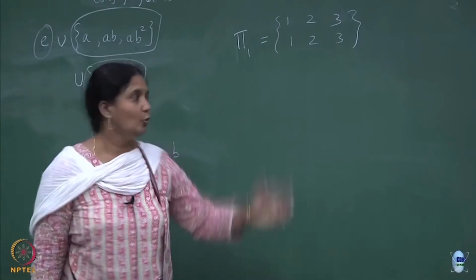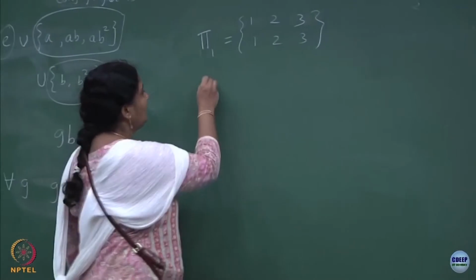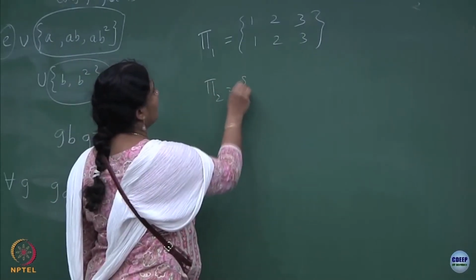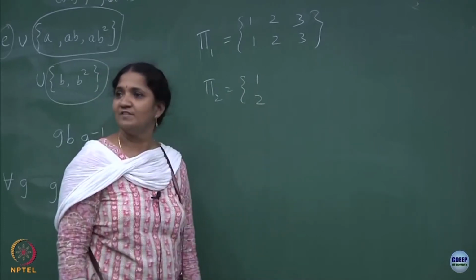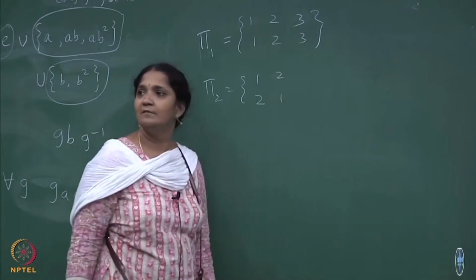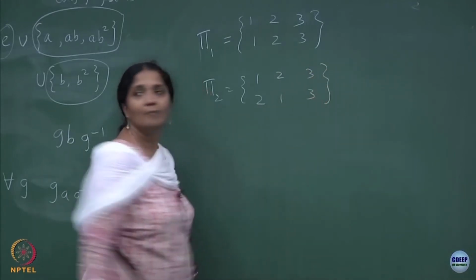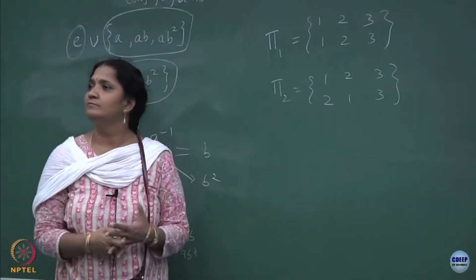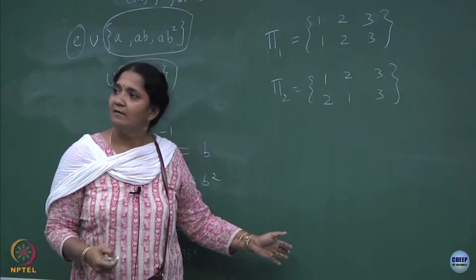No change, no permutation. The second one could be: 1 changes to the second position, the second one goes to the first position, and 3 is not touched. This is one possibility and so on. We can start listing everything.